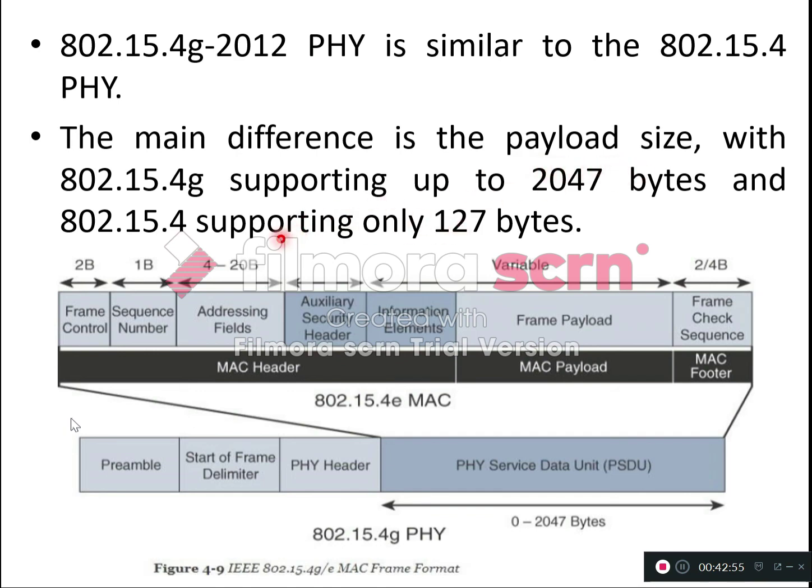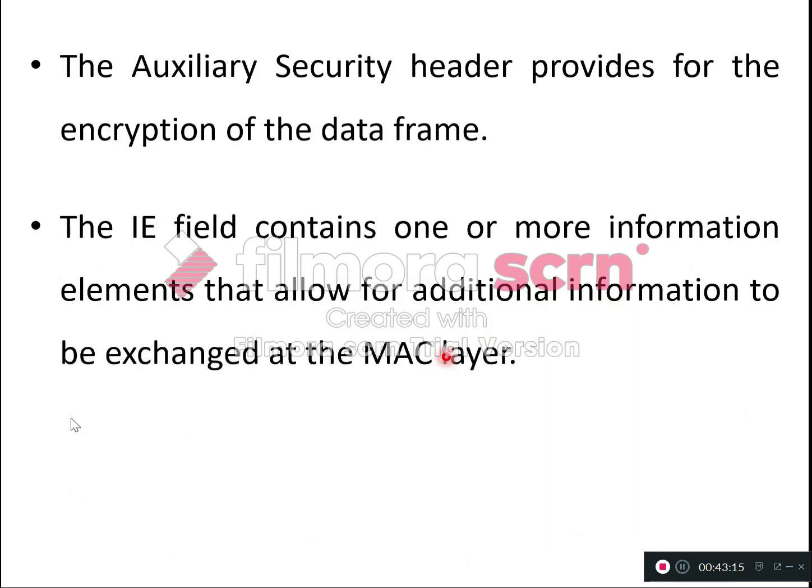That means earlier in 802.15.4 the payload size was 127 bytes, but now it is upgraded to 2047 bytes. So that is the change we have in the MAC of 802.15.4G and E. The auxiliary security header provides for encryption of the data frame.